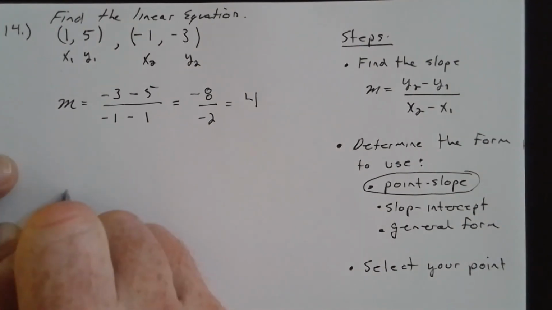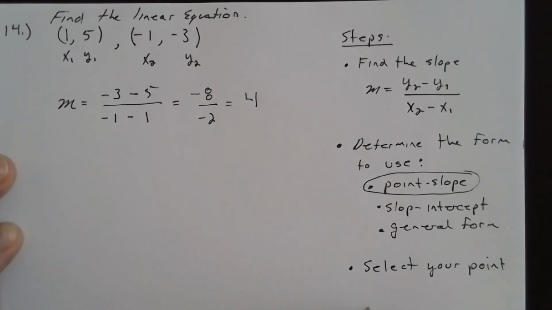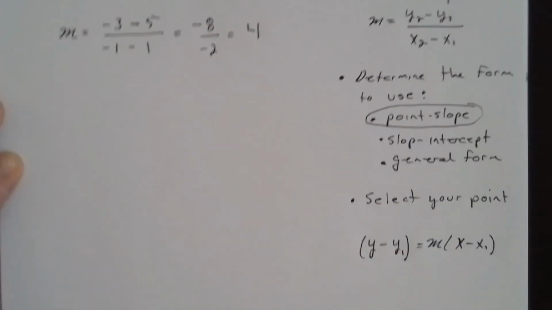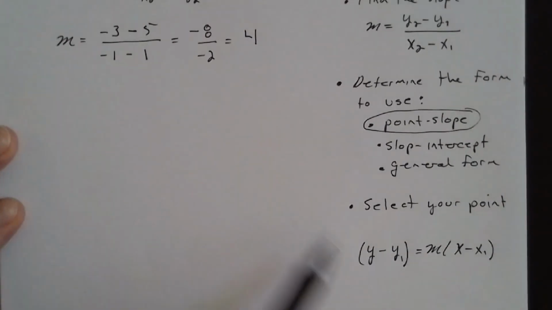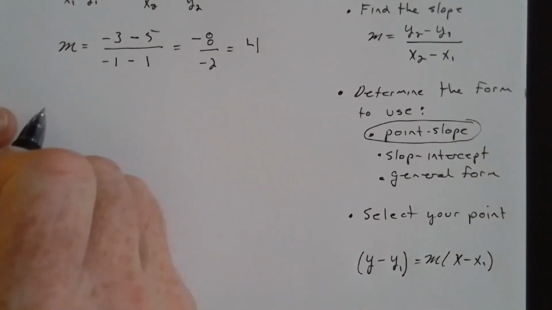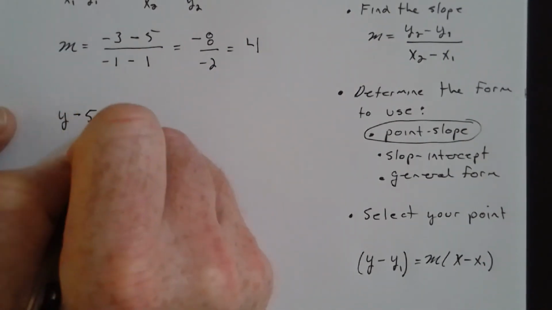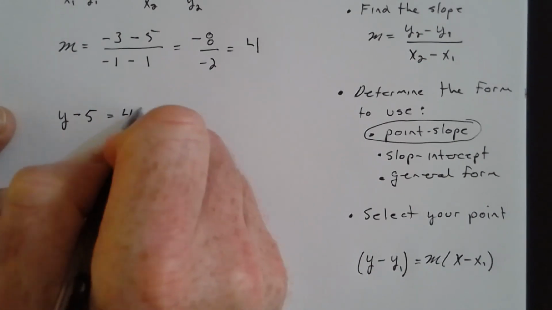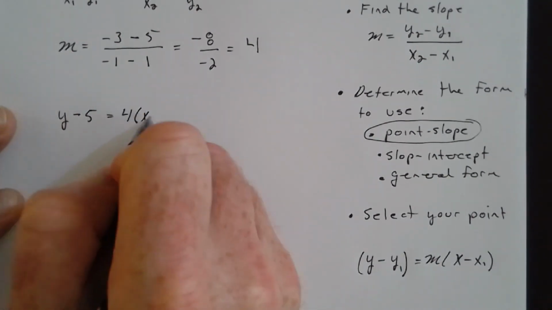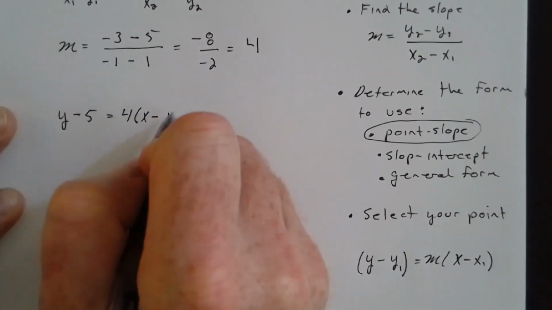All right, so the form that we're going to use is y minus y1 is equal to m times x minus x1. So we're going to plug into this, and we have y minus 5 is equal to 4 times x minus 1.